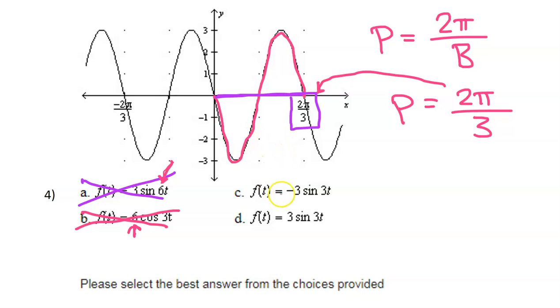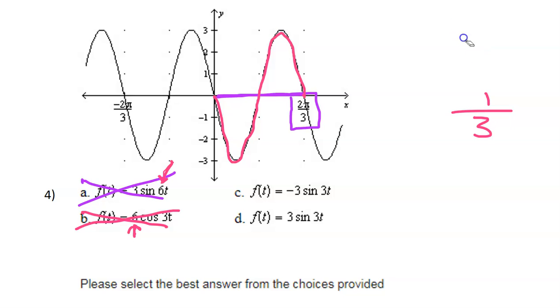So both of these are good so far. The only thing left to narrow down between these, in fact the only difference between them, is that one of them is negative in the front and the other one is positive. So the last piece of information you have to have in the front of your mind is what the sine function looks like.